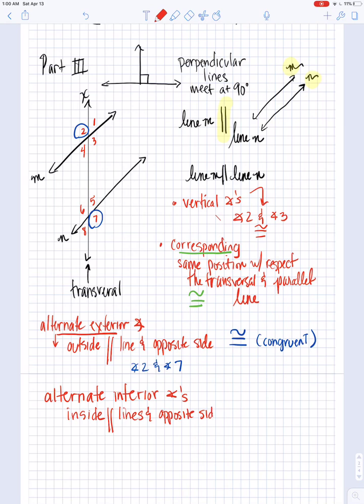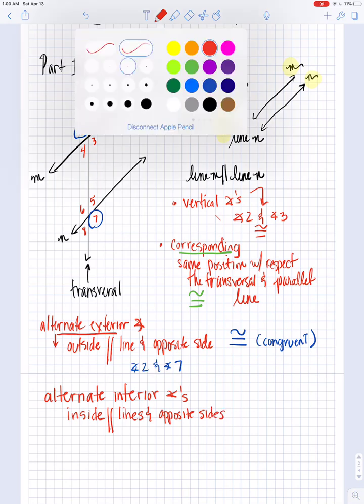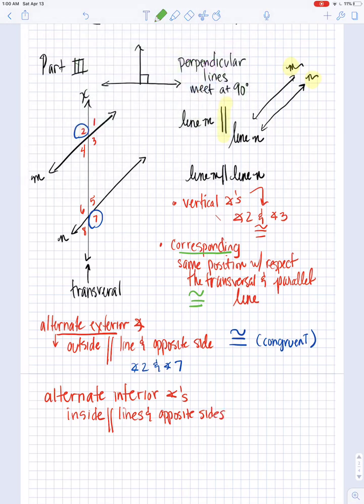I'll go with green. So angle 3 and angle 6 would be good examples of alternate interior. And guess what? Just like the alternate exterior, the alternate interior are also congruent.